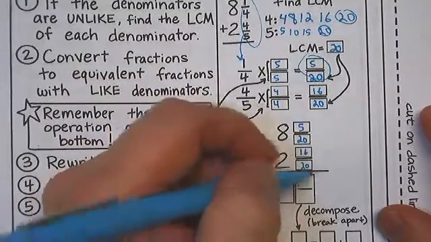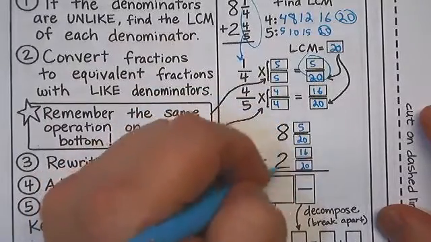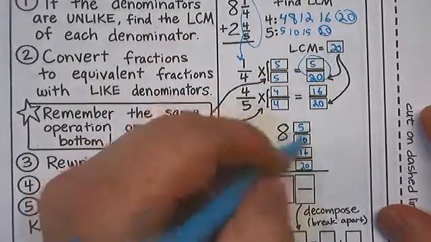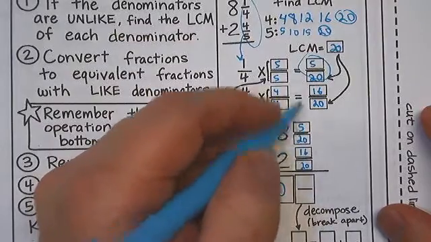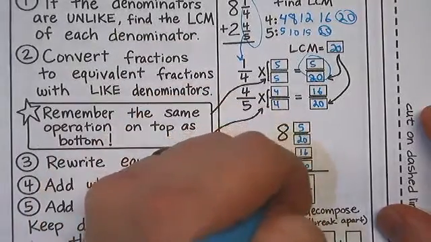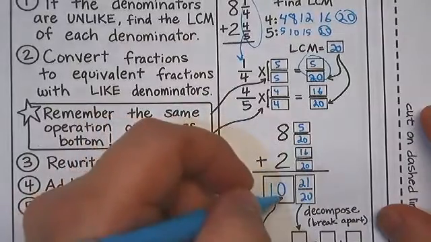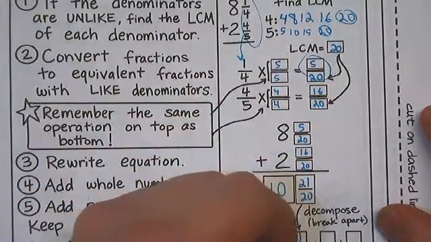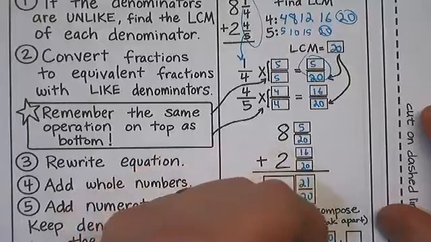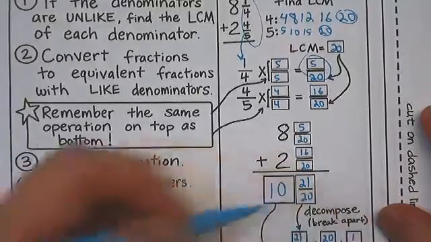So then I can rewrite this as, well, 8 plus 2 is 10, right? And 5 plus 16, what's that going to be? That's 21/20ths. Okay. Well, 21/20ths is the same thing as 20/20ths plus 1/20th, right?